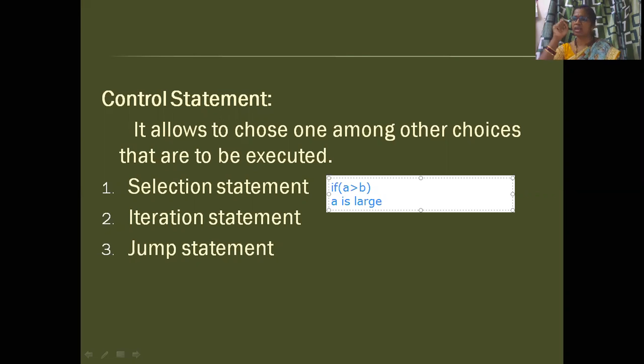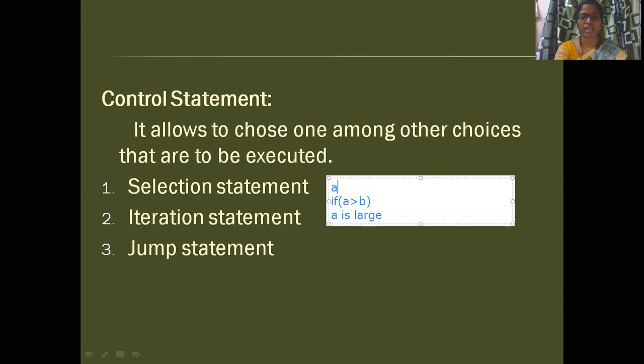So it is selecting the set of instructions to execute. Suppose A is given as 8 and B is given as 9. It checks the condition whether 8 is greater than 9. It is not, so the condition fails here and it does not execute this statement. It skips these 2 lines of code and goes on with the next line of instruction.